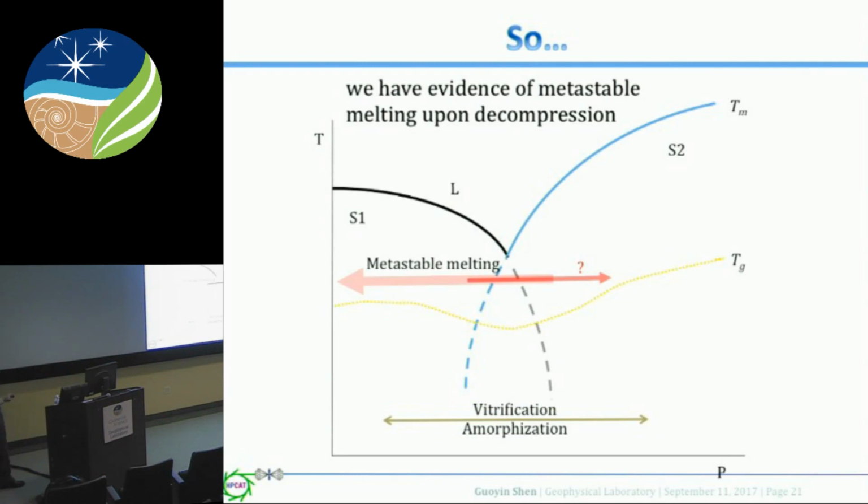At least for bismuth and H₂O, we haven't observed any. Whether it's there, and why it is so hard to observe a metastable liquid on the compression path, I still don't know. There must be some reason behind that. But this is still a question mark.